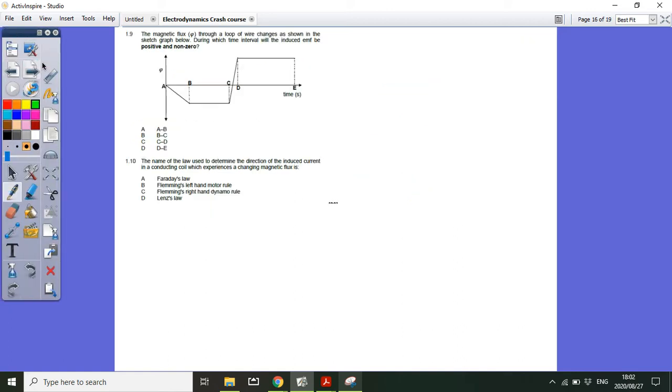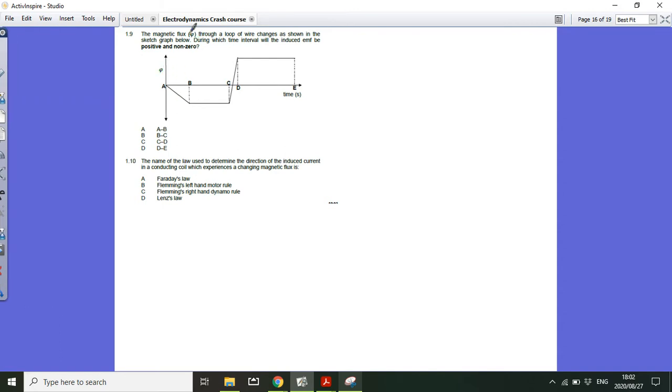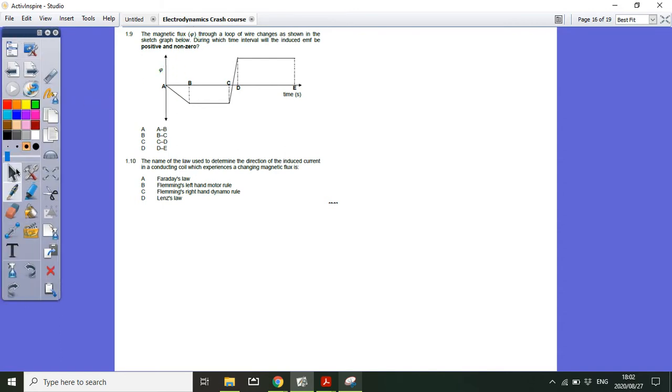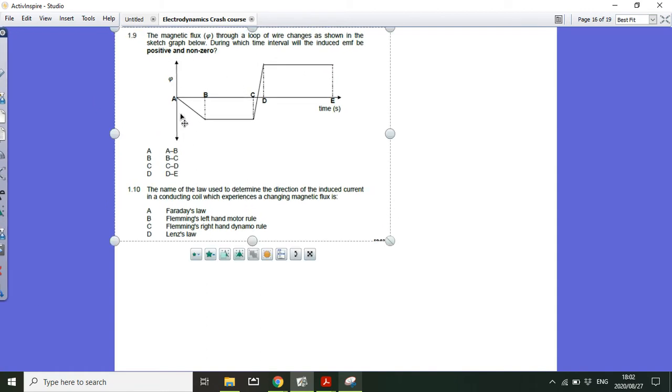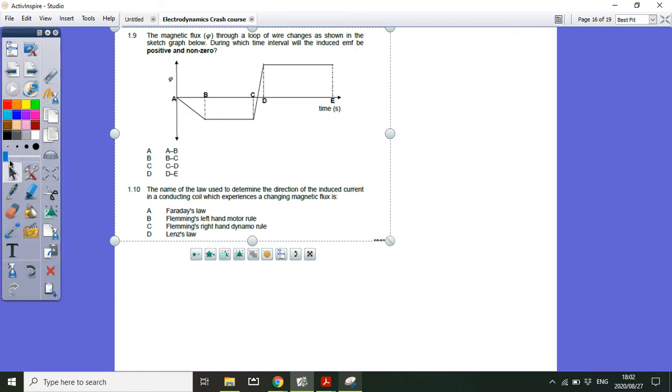The next one, here you have a magnetic flux graph. It tells you that the magnetic flux is shown here. They ask you during which time interval will the induced EMF be positive and non-zero.